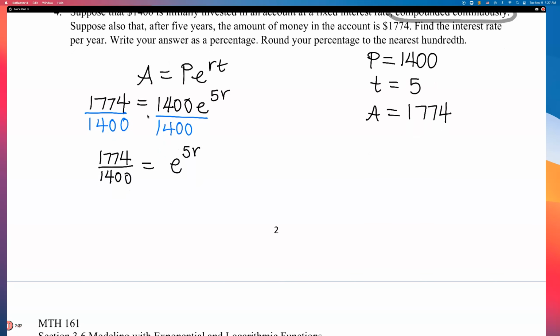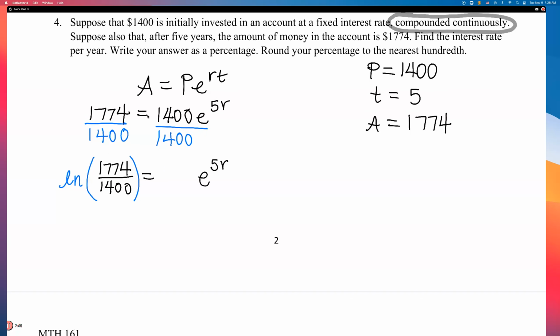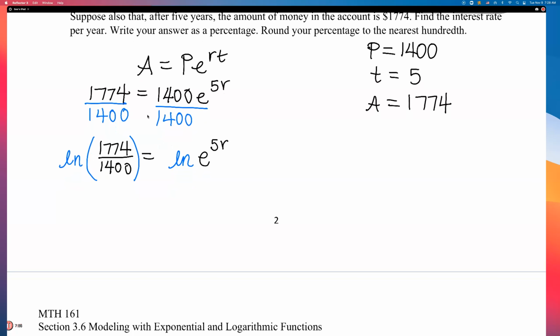Now, I'm going to bring down that 5r by taking natural log of both sides. So let's take natural log of that fraction on the left-hand side. Let me move this a little bit to the side so that I can put ln in front of it, okay? Natural log of e raised to the 5r power. If I do that, that 5r will come down.